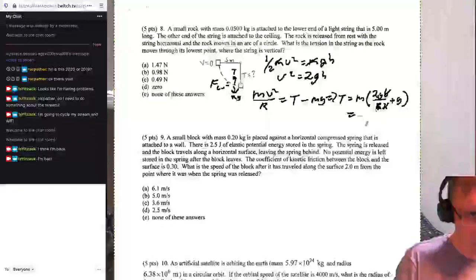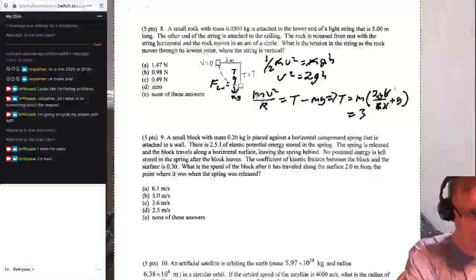Therefore, the h's cancel, and we end up with 3gh, m. Nope, back up. 3mg.